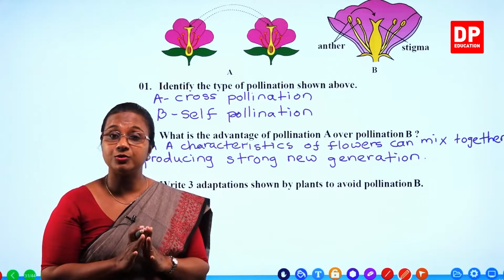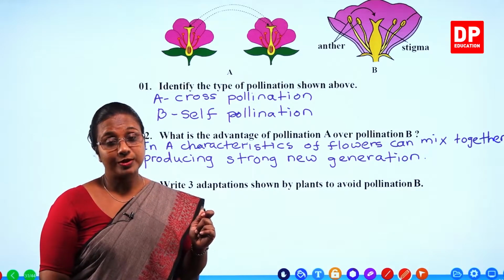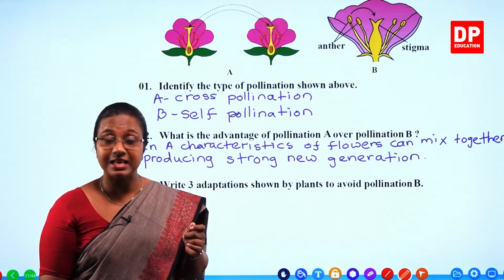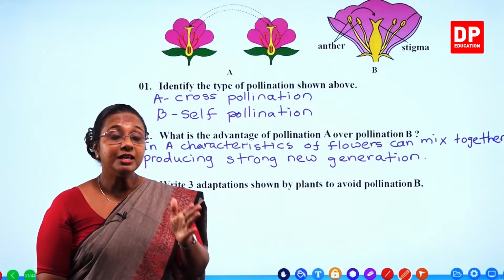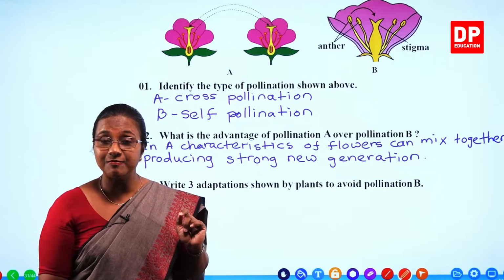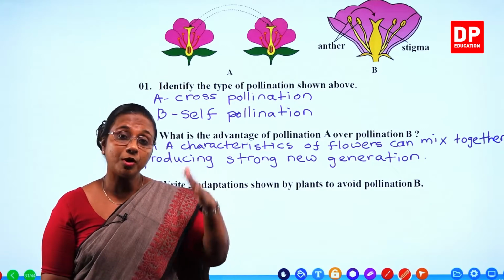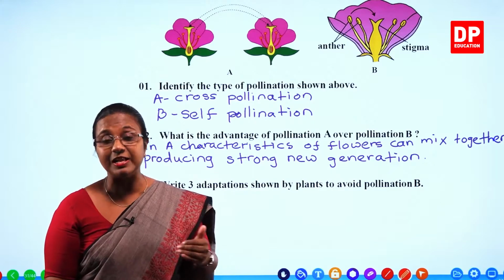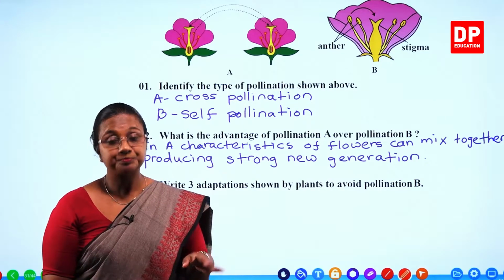So unisexual flowers, that is one adaptation. If they are bisexual flowers, they show self-sterility. What is self-sterility? Even if the pollens of the flower fall on the stigma of the same flower, the pollen will not develop. It will not produce the pollen tube and fertilization will not take place. That is known as self-sterility.